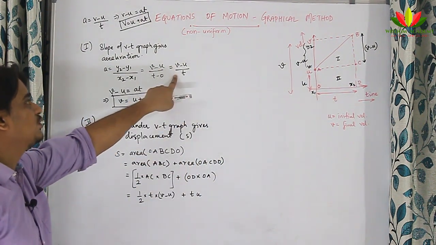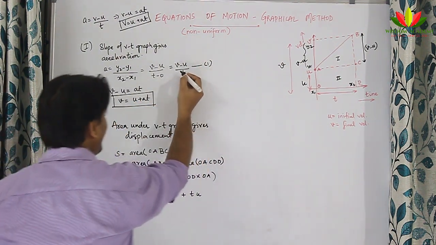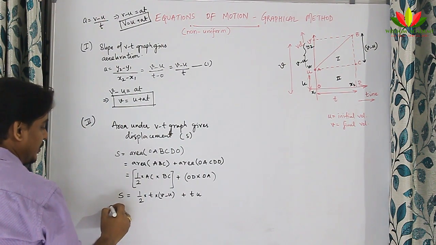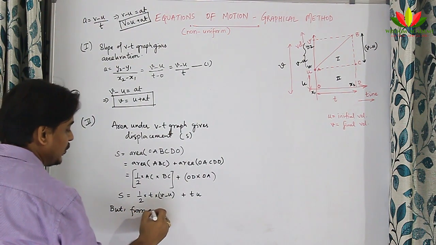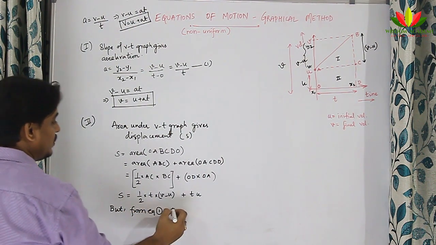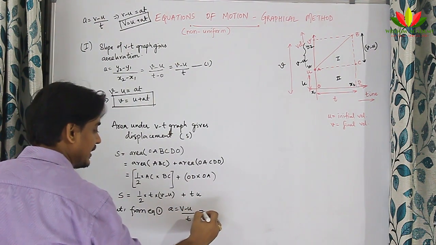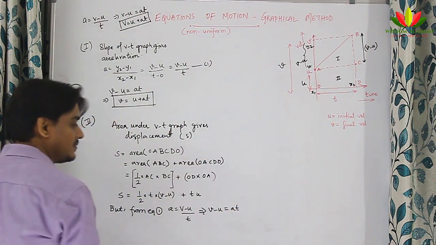Now from here I will use something. Let this be equation number 1. I have got the expression of S, but from equation 1 I know that A is equal to V minus U by T. So I can write V minus U is equal to AT, isn't it?